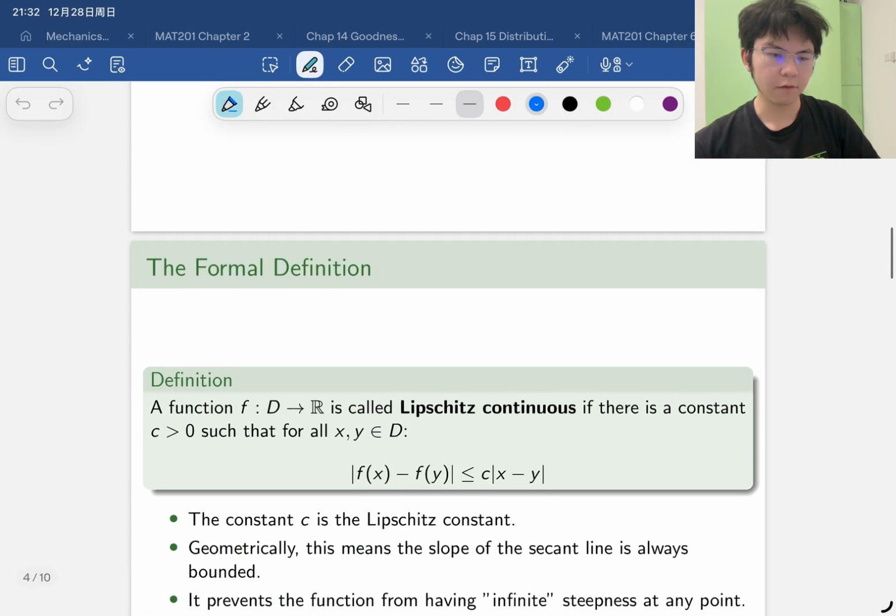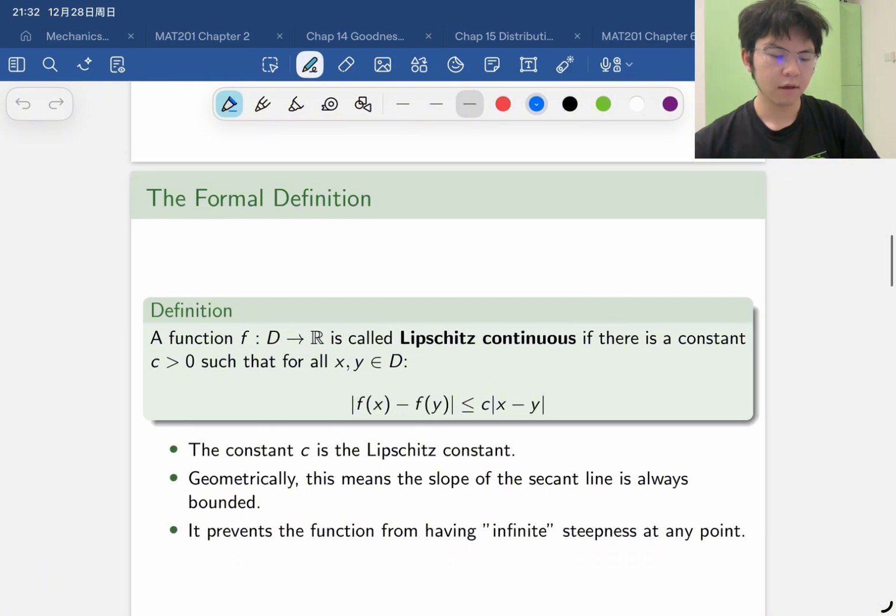Let's see the formal definition. A function f from D to R is called Lipschitz continuous if there is a constant C larger than 0 such that for all x, y in D, the absolute value of f(x) minus f(y) is less than or equal to C times the absolute value of x minus y.